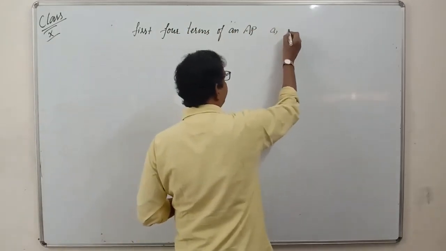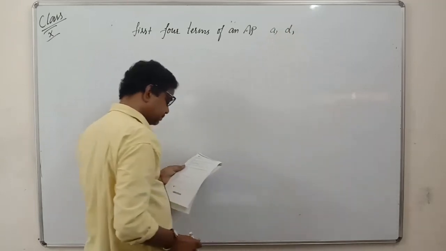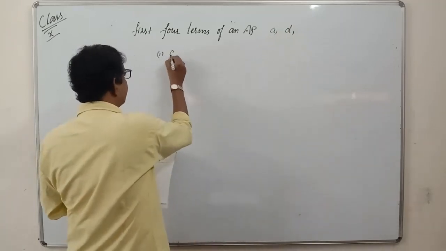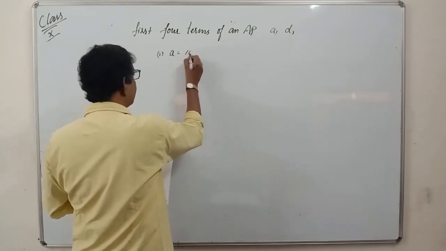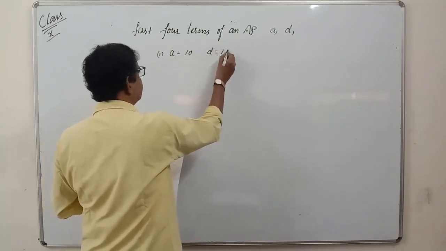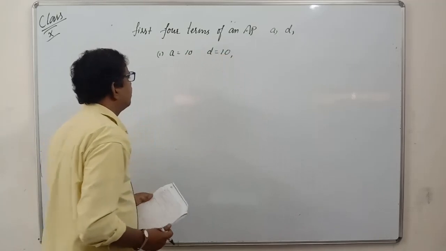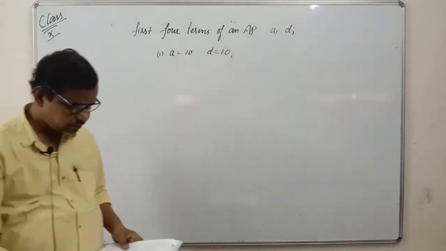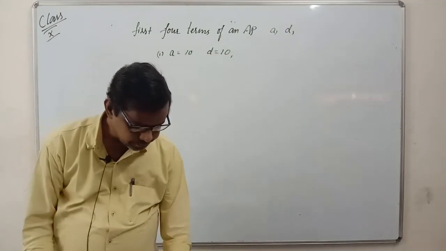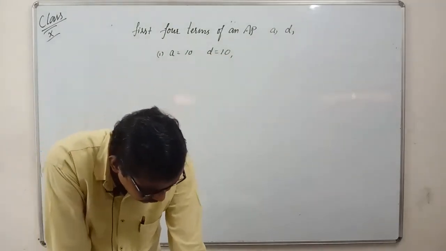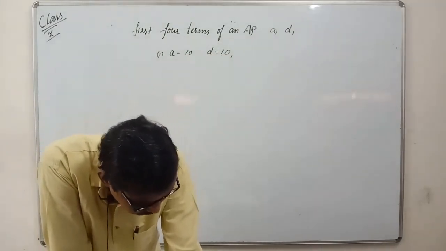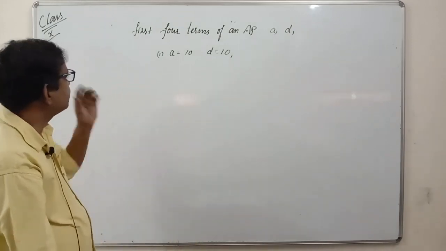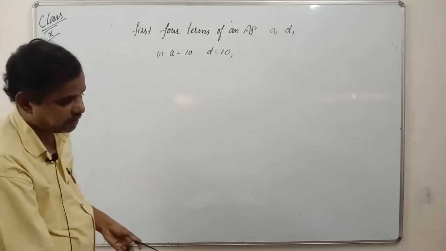So A is given, D is given, as follows. In the first one, he has given A equals 10 and D equals 10. So what is he asking to find? The first 4 terms of an AP.